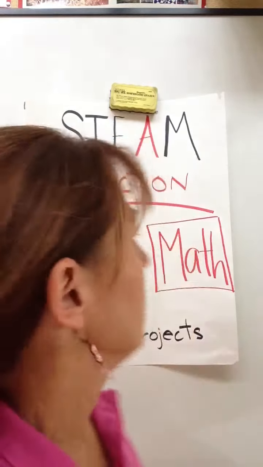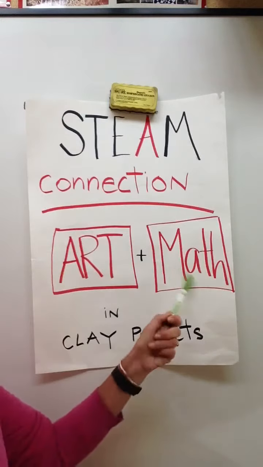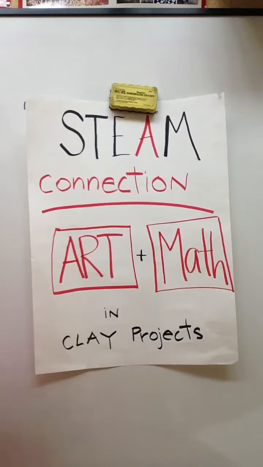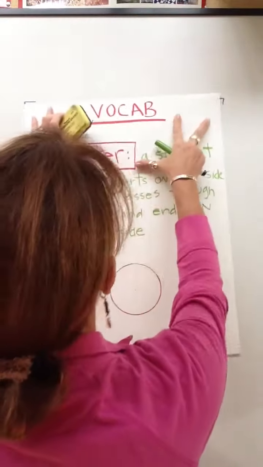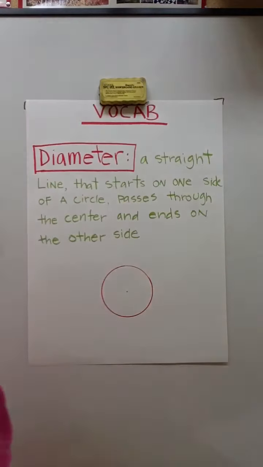All right, so once again, today's STEAM connection is art to math in clay. Before I start with the math that I need you to understand, I want to tell you about two vocabulary words that will be important for you to know. The first word is diameter, and some of you might already know what this word means.